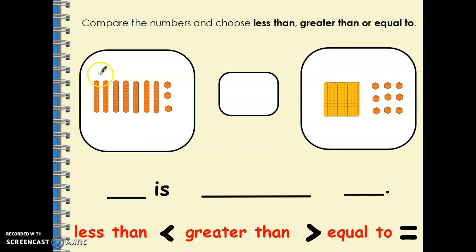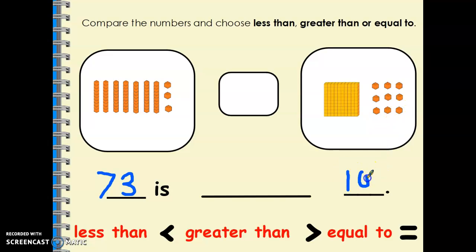Here we have, let's count, 10, 20, 30, 40, 50, 60, 70, 71, 72, 73. On this side, we have the number 73. Over here, we have 100, 101, 102, 103, 104, 105, 106, 107, 108, 109.